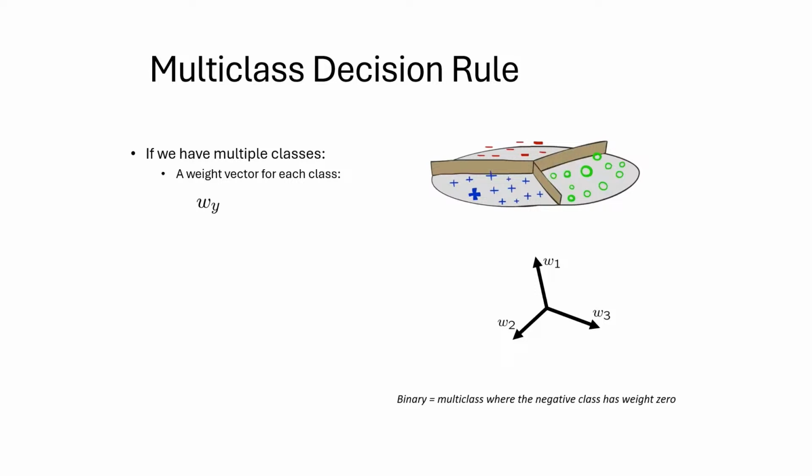Let's say that we have also one more class, squares. So it is a class-versus-rest separation problem. Class-versus-rest means that for each particular class, we have to design a special classification or decision rule.